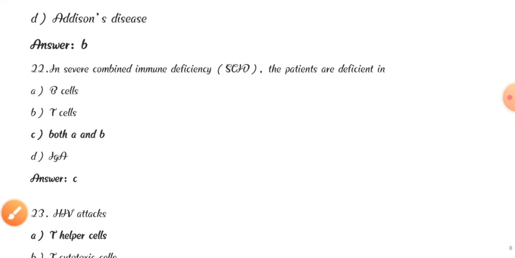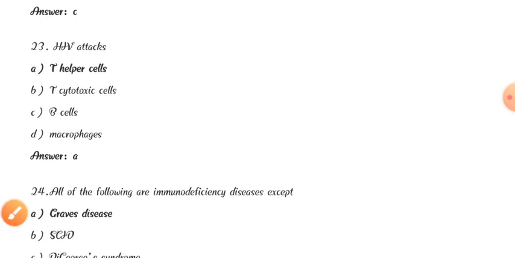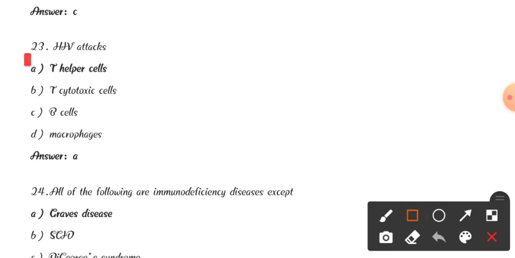Now question number 22, in severe combined immune deficiency, that is SCID, the patients are deficient in both A and B. Option C, that means beta cell and T cell, is the correct answer. Now question number 23, HIV attacks the T helper cells.